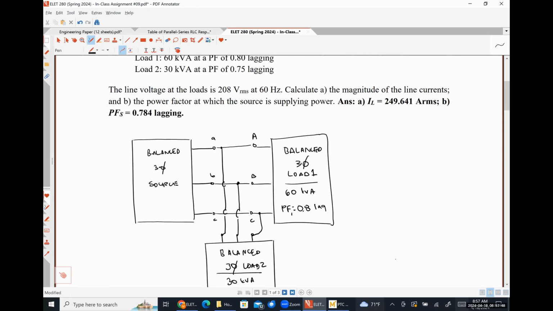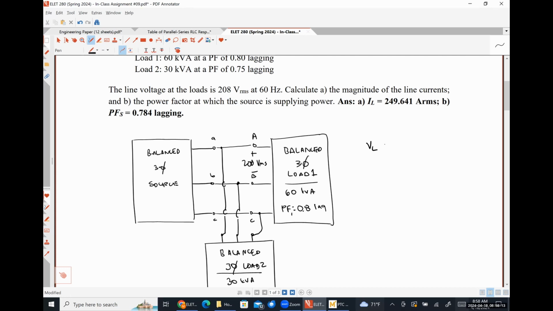We are also told that the line voltages at our loads is 208 volts RMS, so we just have a magnitude. So effectively, we have 208 volts RMS between the A and B phase, B and C phase, whatever.